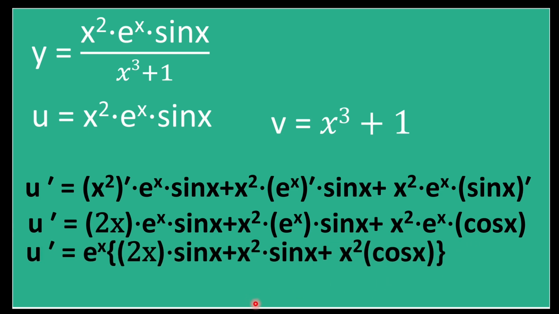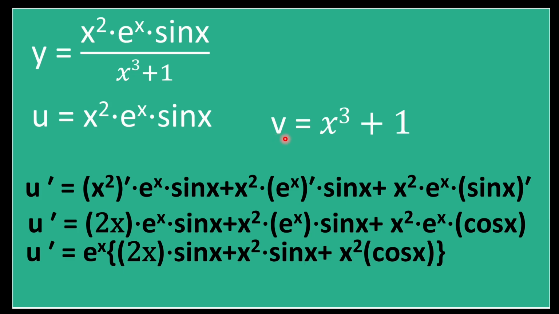Finally we will take e^x common, because e^x is common in all three terms. After taking e^x common, we get 2x sin x plus x squared sin x plus x squared cos x. So this is the differentiation of this term.